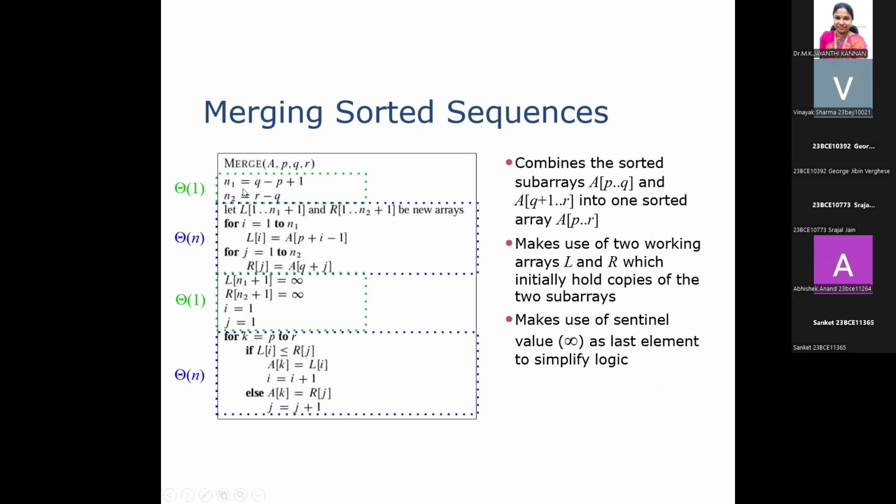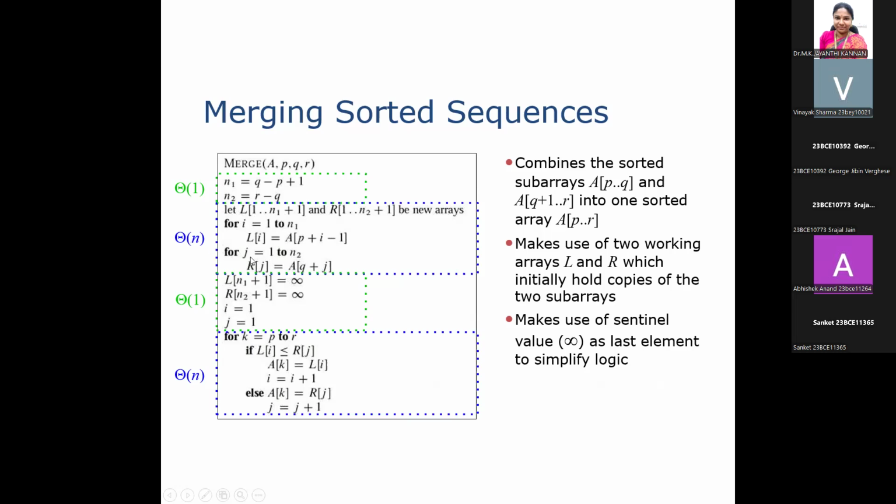Here, the corresponding steps are: N1 equal to some value is an assignment process, an arithmetic assignment statement. For these arithmetic assignment statements, we need order of 1 time each. So both of these assignment statements require order of 1. Here, the for loop is repeated for i equal to 1 to n1 times, so we need order of n time.